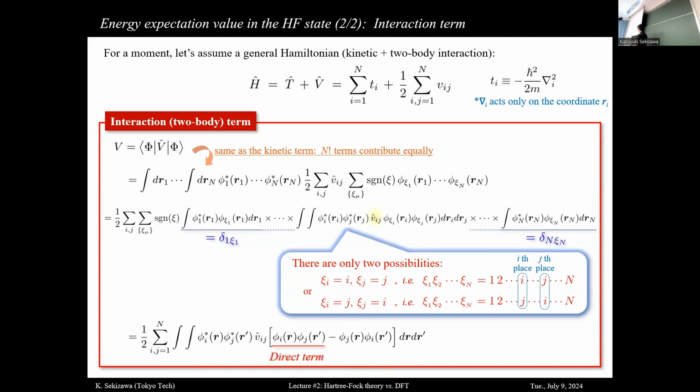This is the so-called direct term and exchange term in the Hartree-Fock framework. This exchange term arises from the fermionic character of neutrons and protons. And this is the result of taking the expectation value with the Slater determinant.